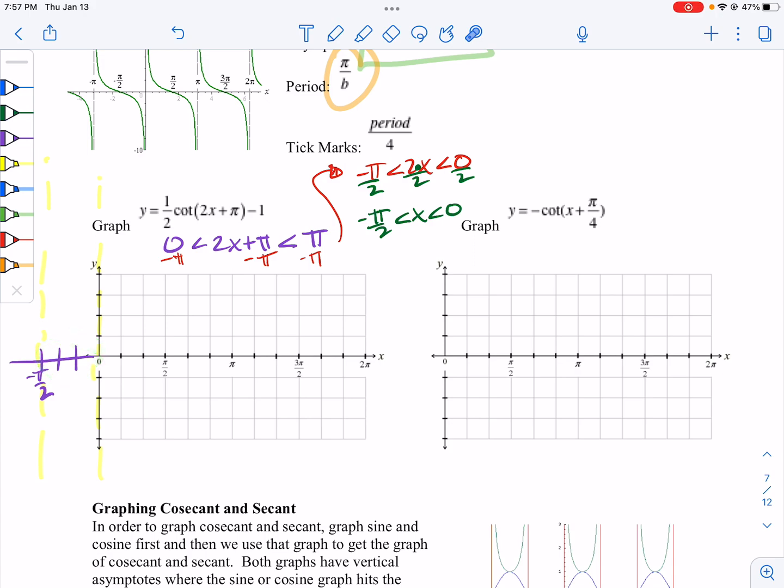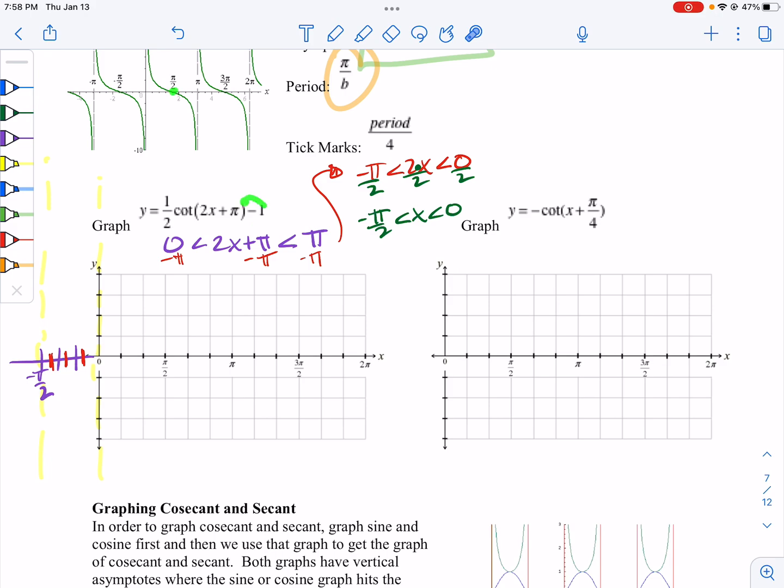I'm going to take this amount and cut it in half, then take the first half and cut it in half, and then the second half and cut it in half. Again, 5 tick marks: 2 being the first and last asymptote, and then you've got your 3 tick marks here.